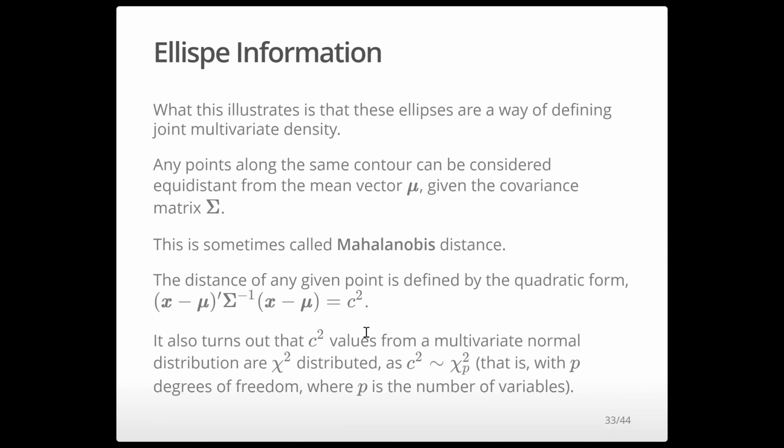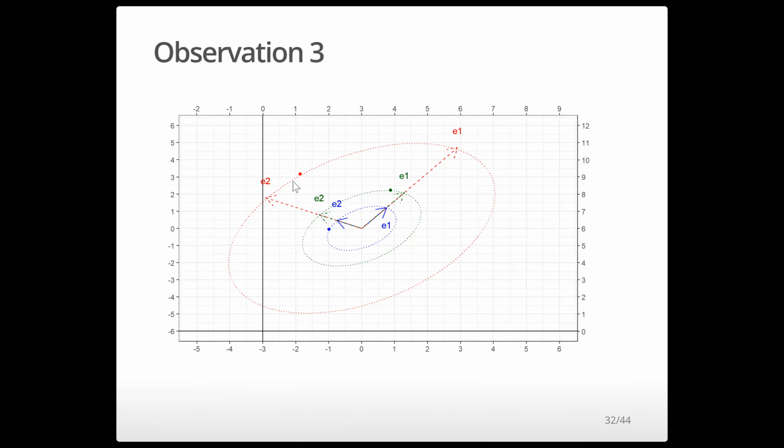And so the distance of any point that can be drawn from a multivariate normal distribution, which again is parameterized by the mean vector and covariance matrix, is defined by the quadratic form. And so we get these c squares, and that tells us the distance, which is defined by these ellipses, which again are defined by the eigenvectors. And we can see that any point on this red ellipse would be considered to have the same distance from the center as any other point along the red ellipse.